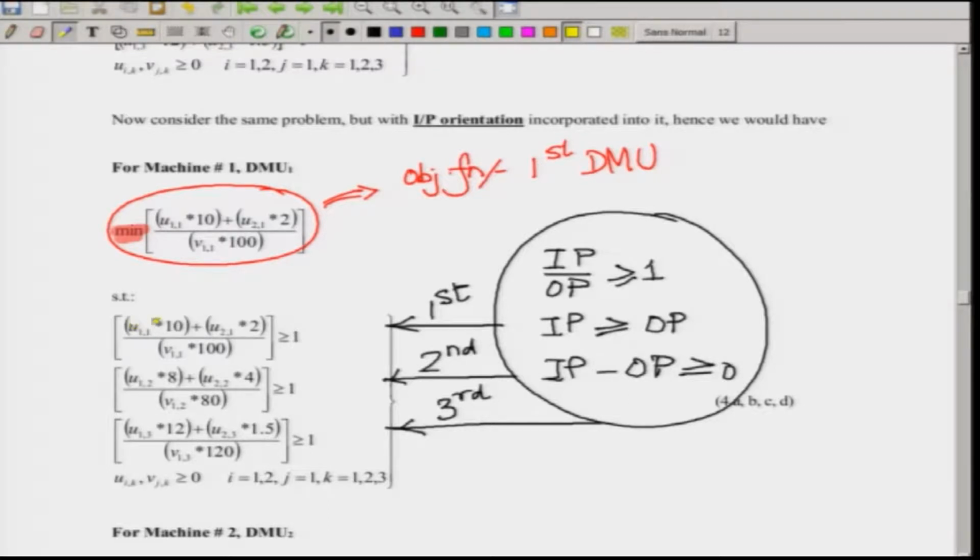This is the combination of the input and output, where 10 and 2 are the corresponding units, or conversion rates, being used for the inputs, and that 100 is the conversion rate or units being used for the output.